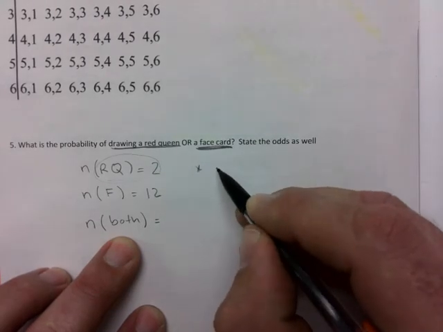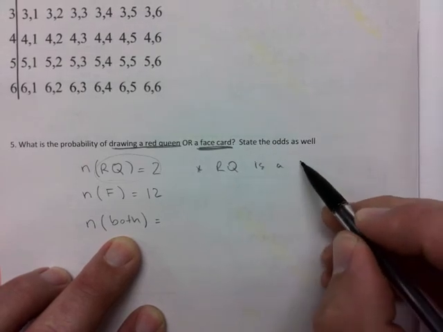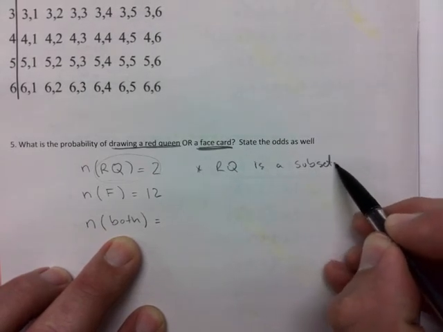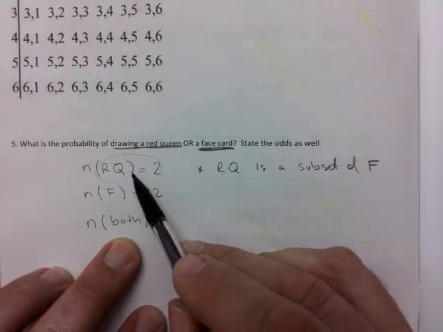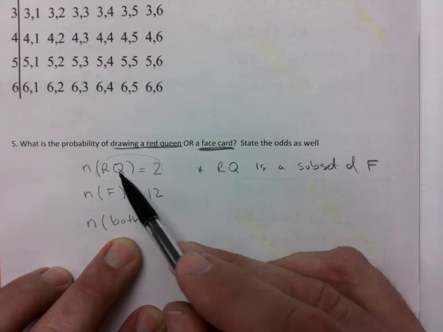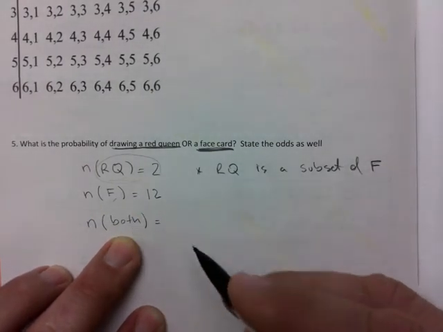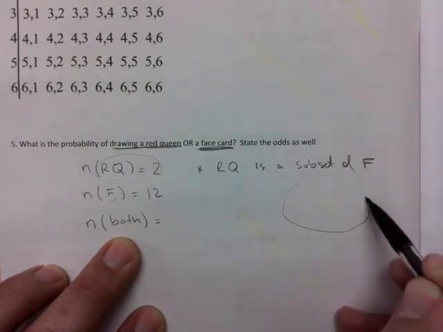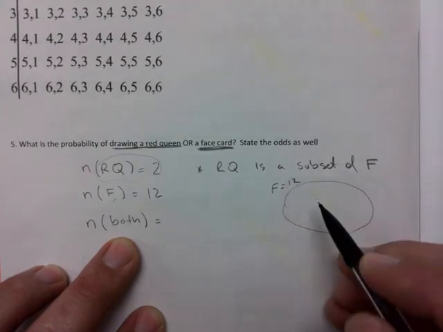And note, RQ, red queen, is a subset of F, because all elements in RQ are part of F. So if you want to visualize this, if this would be your face cards, there's 12.